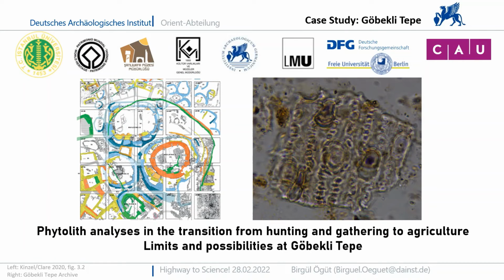We'll start with the pre-Neolithic site of Göbekli Tepe, and here I will draw on an already older presentation given at the Hilly Flanks conference in 2021 without going into details.